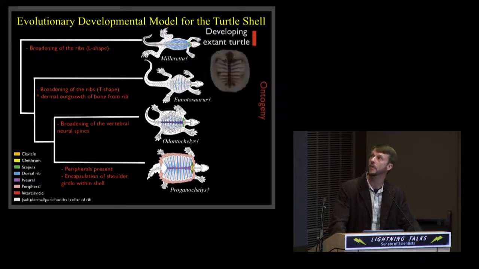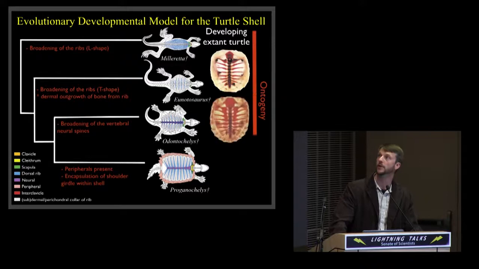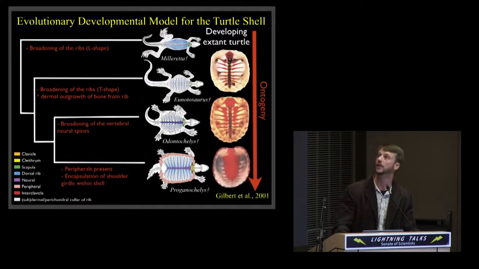What do I mean by that? Well, the first thing to appear in a developing turtle are broad ribs. That's what we see phylogenetically with Milleretta and Eunotosaurus. The next thing, we have broadened vertebrae. That's what we see with Odontochelys. And finally, in late stage embryos, we have the full acquisition of the shell. That's what we see with Proganochelys at around 210 million years old.